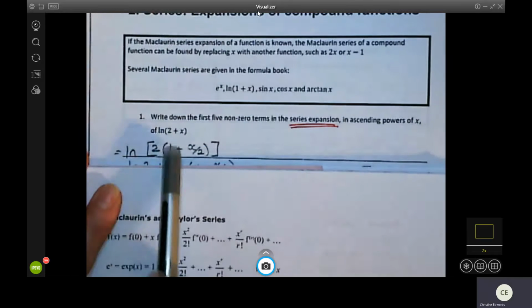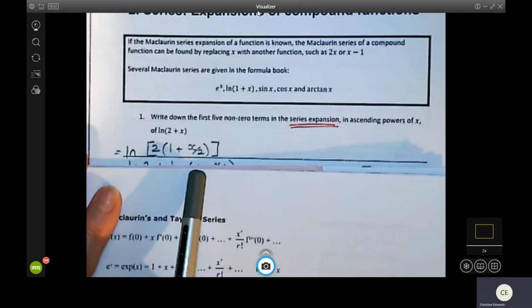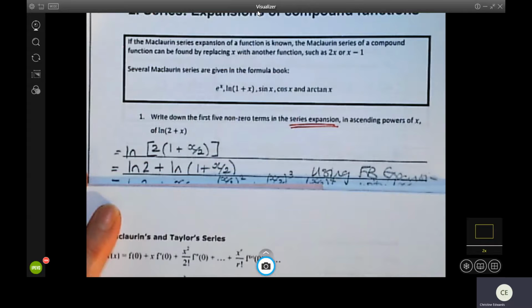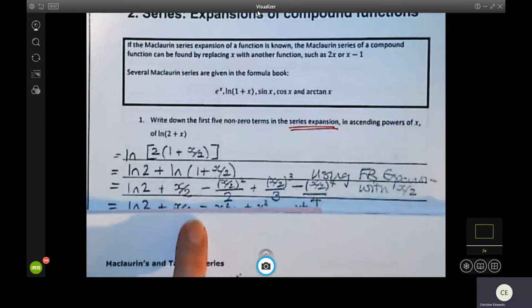So I'm going to take my question and I'm going to factorise by taking a 2 out. So I get log of 2 times 1 plus x over 2. I then use laws of logs and split it into log 2 plus log of 1 plus x over 2. And now I can use the series expansion for the log of 1 plus x over 2.